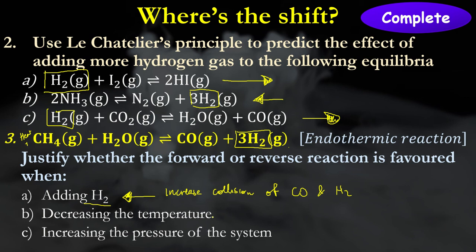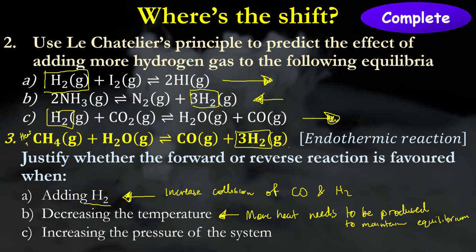If we decrease the temperature, that's going to cause this to move in reverse. More heat needs to be produced in our reaction to maintain equilibrium.